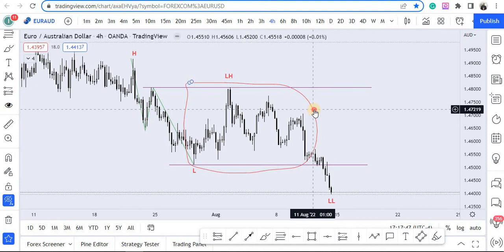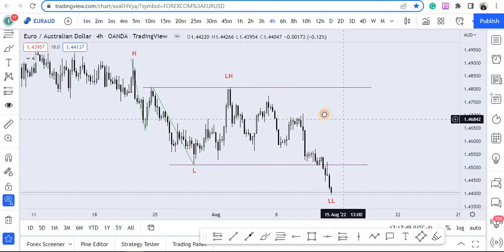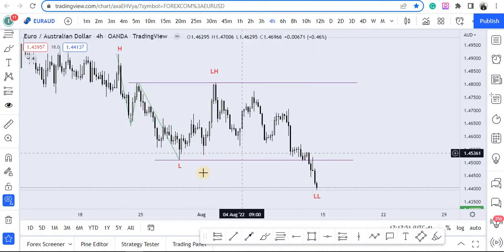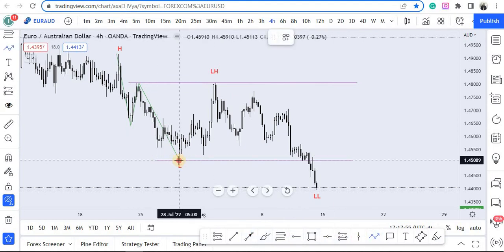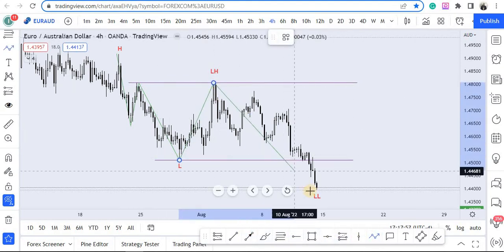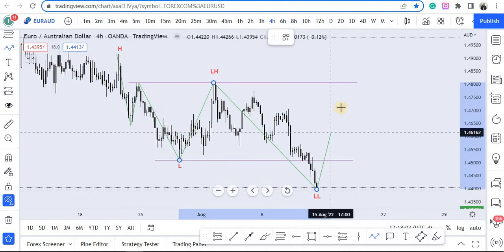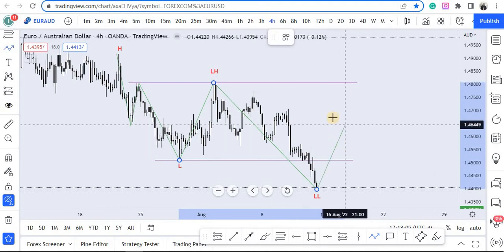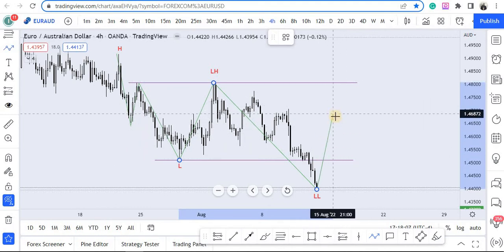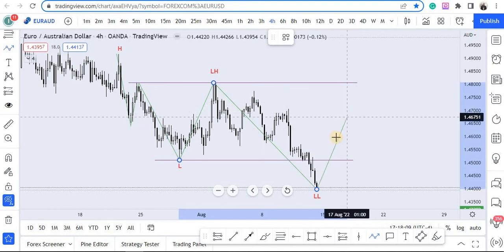Then what is the expectational order flow after this? After we have this, we expect price to do what? To retrace. We expect price to retrace.